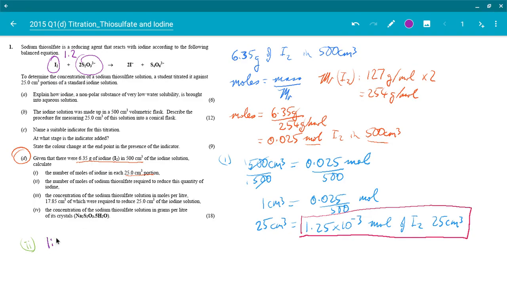So if I have 1.25 times 10 to the minus 3 moles of iodine, then I'm going to have double that of the thiosulfate ion. So I multiply that by 2, and I get 2.5 times 10 to the minus 3 moles of S2O3 2 minus.